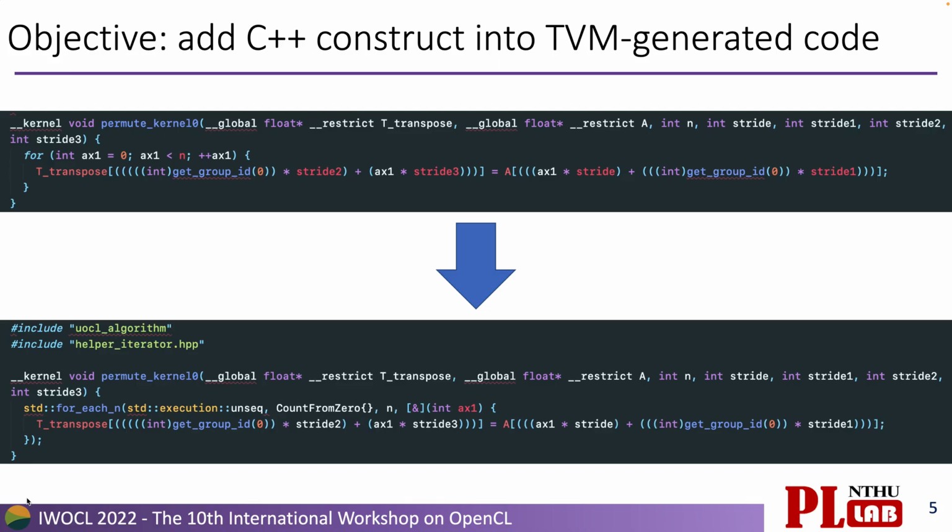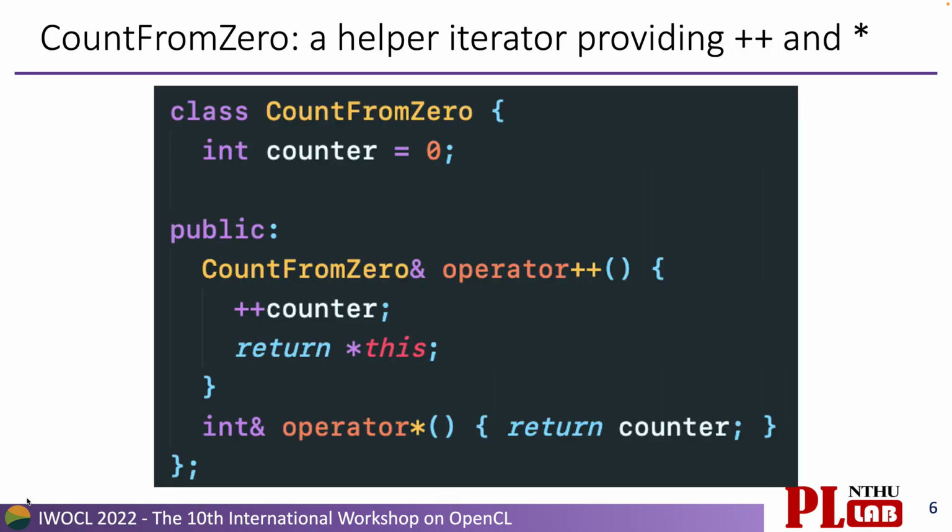And the second argument, counting from 0, is a helper iterator. This is the come-from-0 definition, which counts from 0 and provides a prefix increment and a dereference operator.